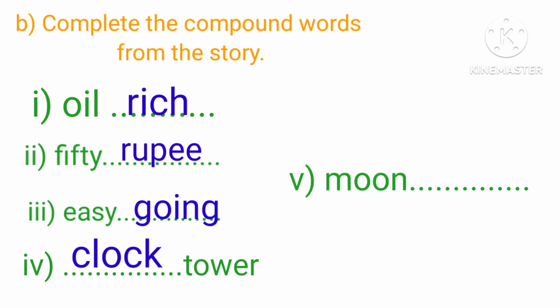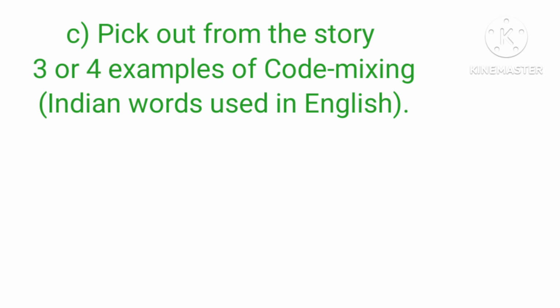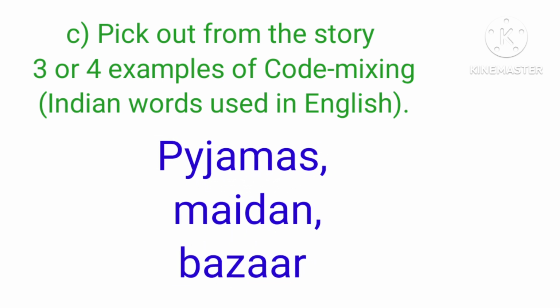Fifth, moon blank, moonlight. C: Pick out from the story 3 or 4 examples of code mixing, that is Indian words used in English, and these words are pajamas, maidans, bazaar.